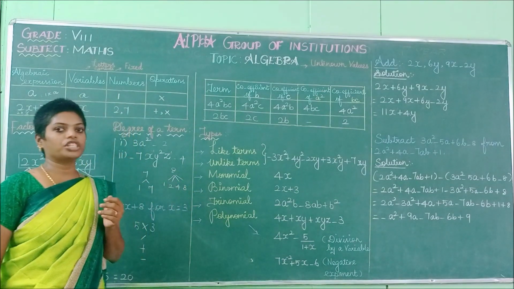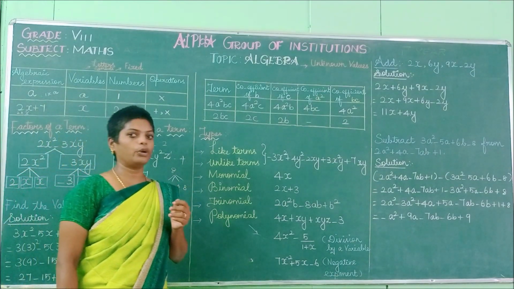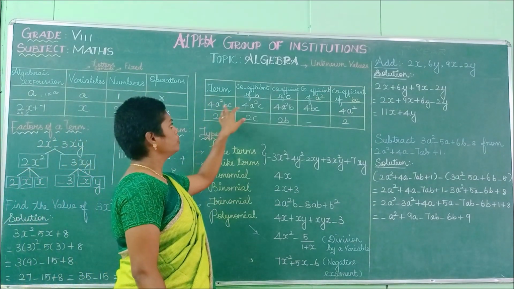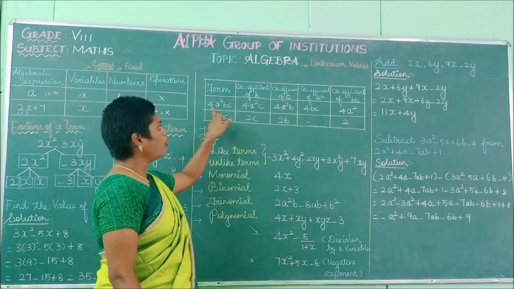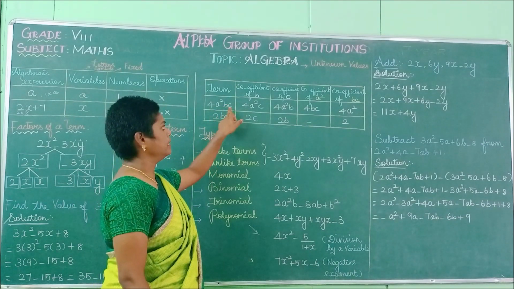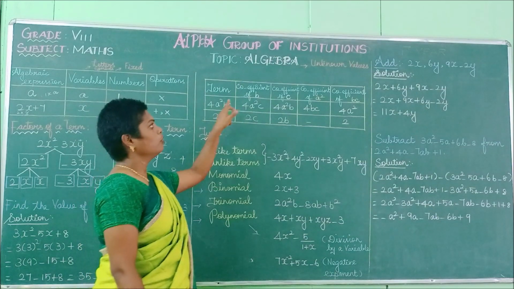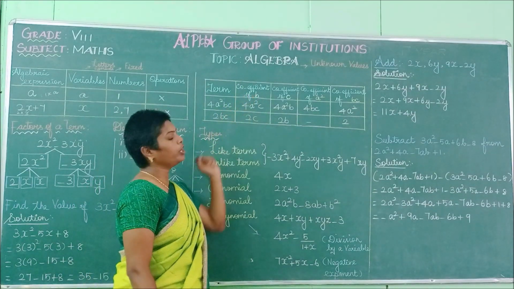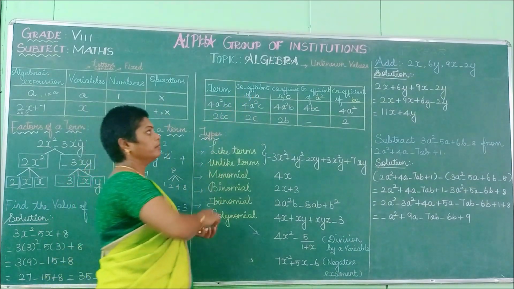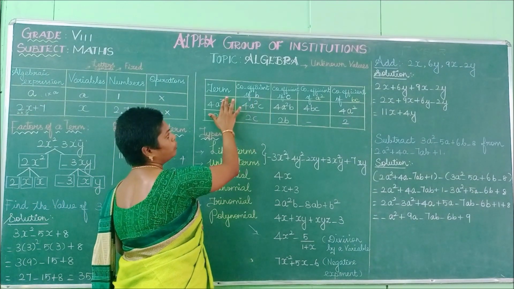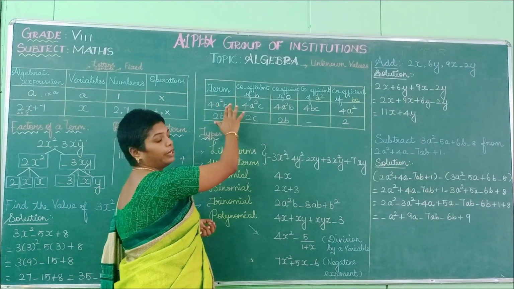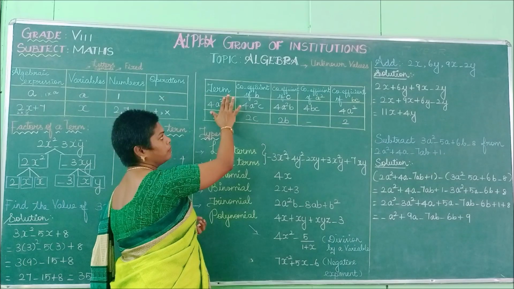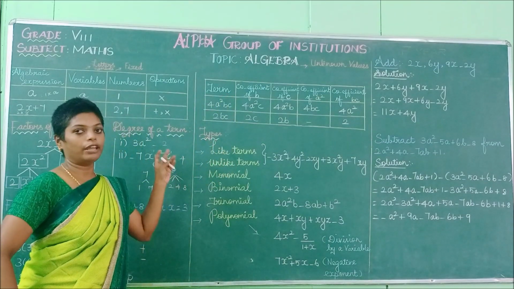Next is the coefficient of a term. Look at this example: 4a squared bc. First of all, we are going to find the coefficient of b. For this, see this term fully and leave out the b.